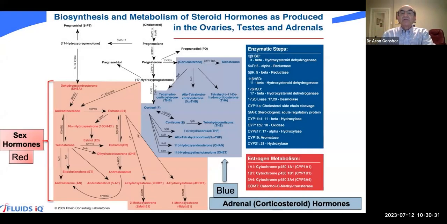And I'm going to tell you that there are many ways to test for all the different pathways. And in my next lecture in August, I'm going to go through this in detail, but this tells you about the biosynthesis and so on of the various steroids and the enzymes that are dealing with it.